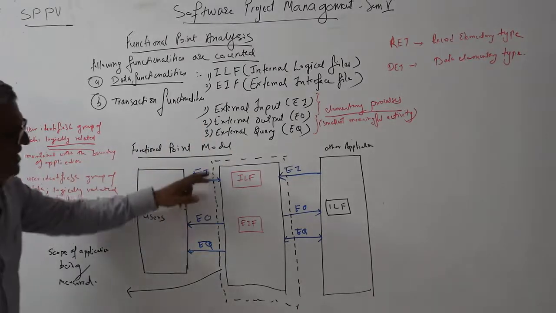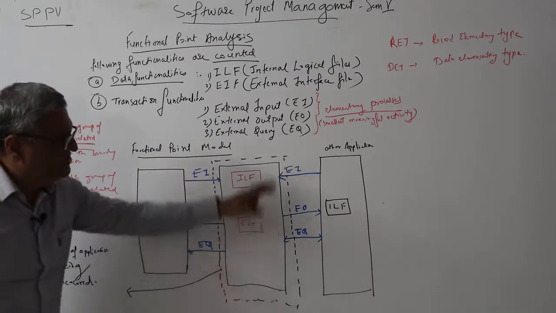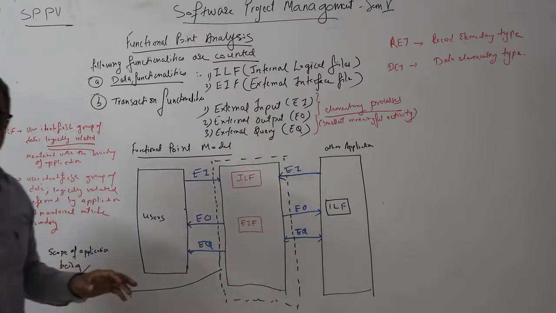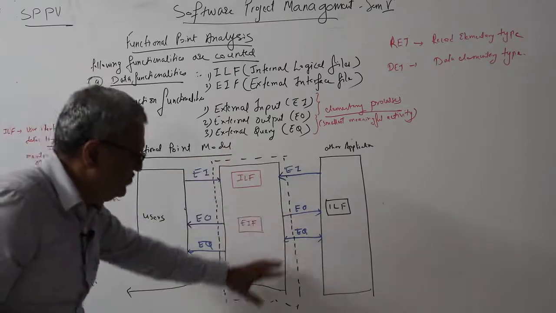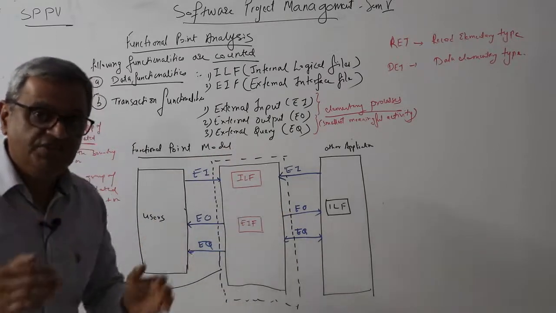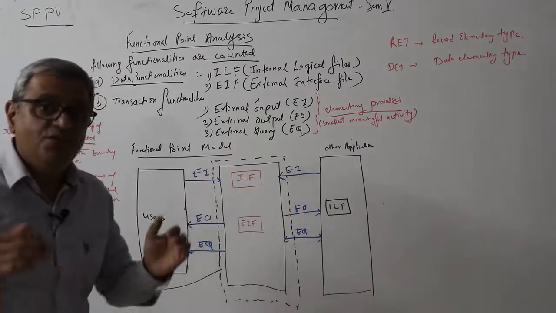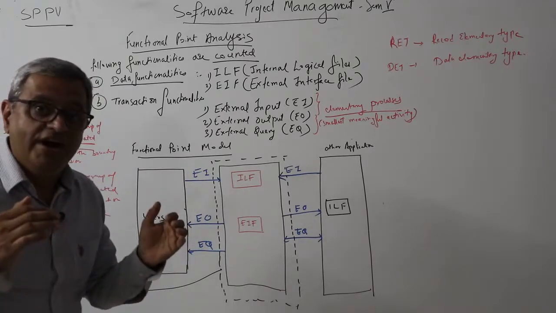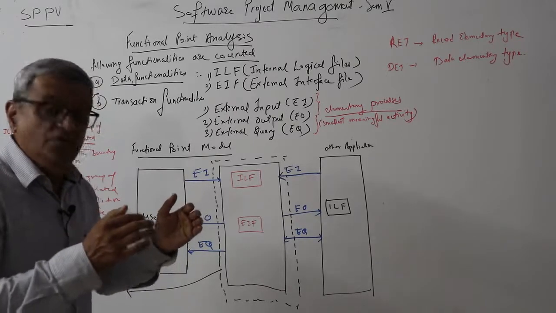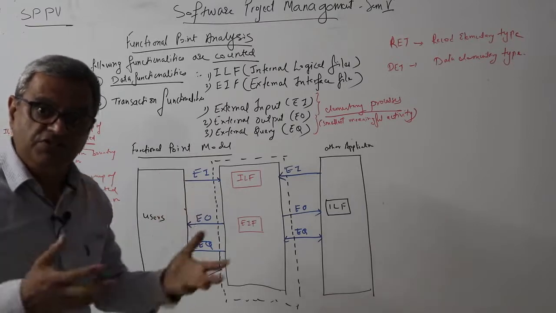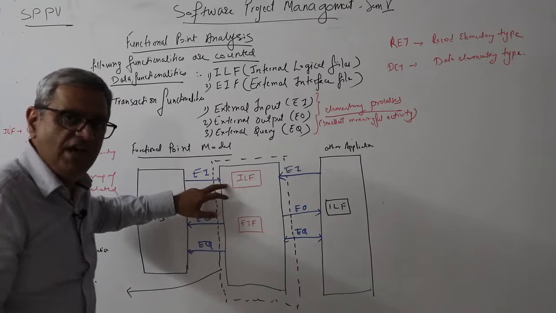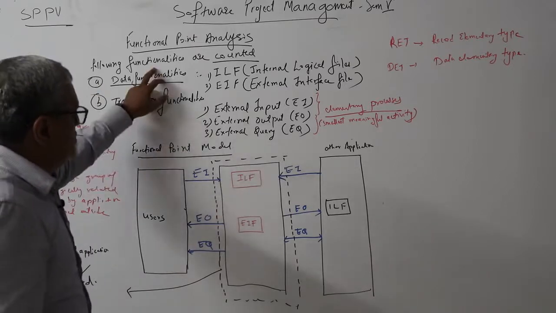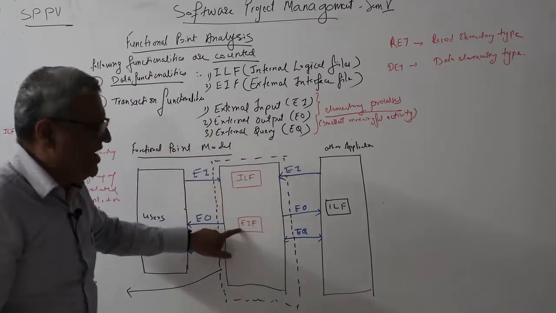So the dotted line which you see over here is nothing but the scope of the software. The scope of the software which we are going to measure, where we need to identify the size in terms of function points. We have two data functionalities, ILF and EIF.